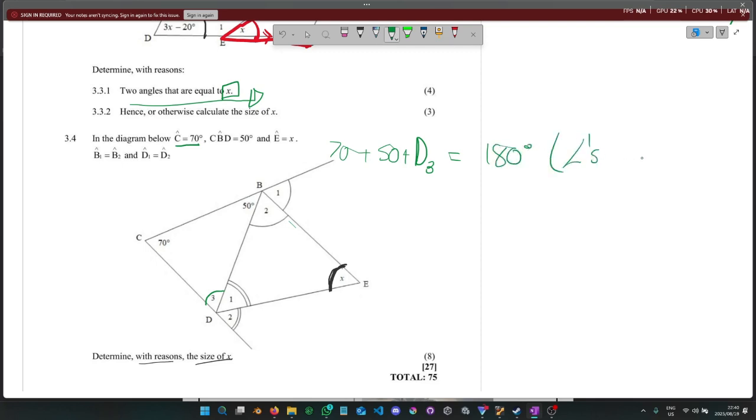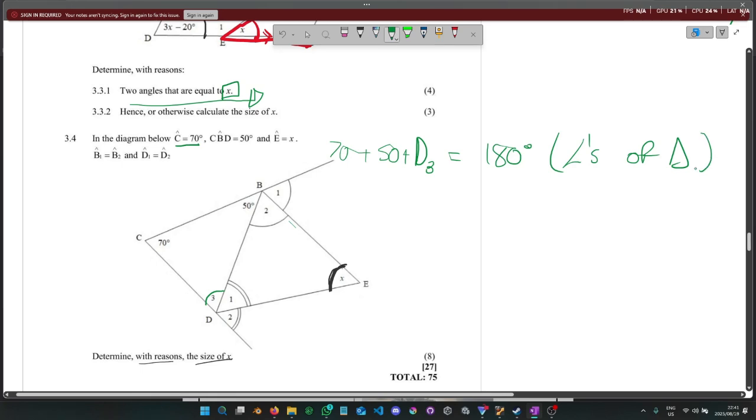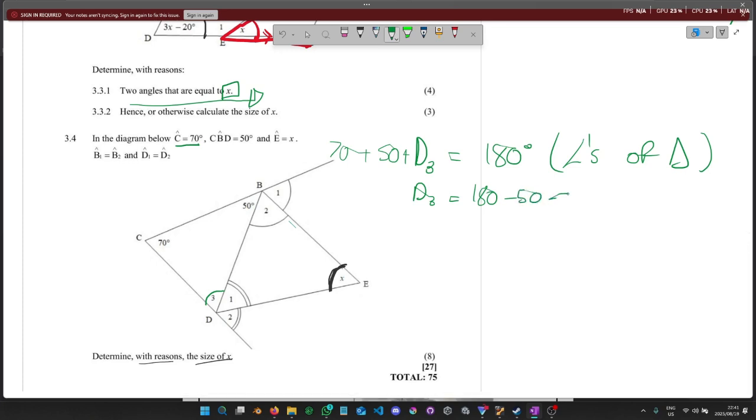Those are the angles of a triangle. So D3 is going to be 180 minus 50 minus 70, which is 180 minus 120, which is 60. Alright, so let's put this here: 60 degrees.